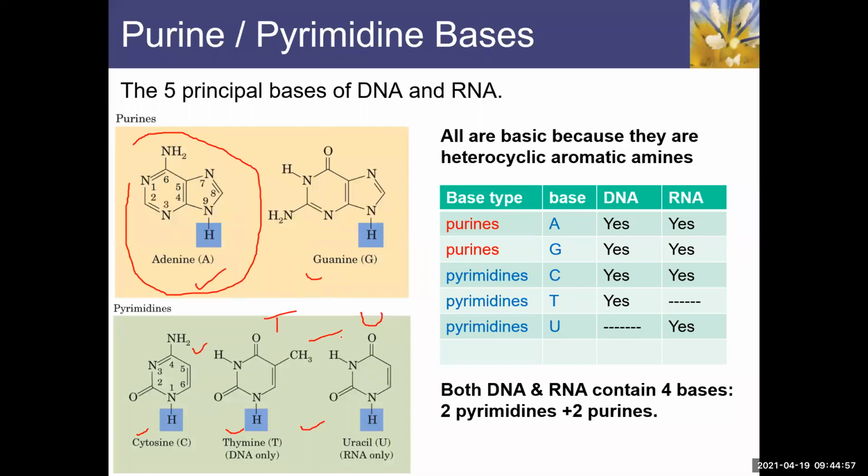But the difference lies in this methyl group at position number 5. We have a methyl group at position 5 in thymine, and there is no methyl group in the uracil. An important point to note down.